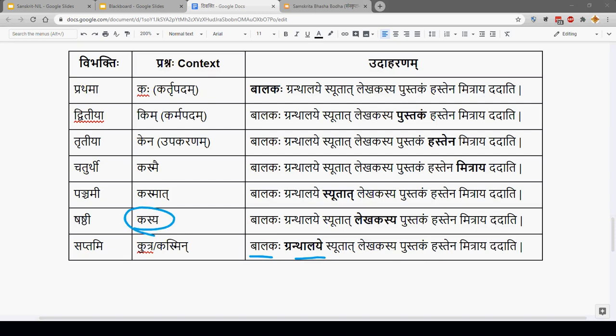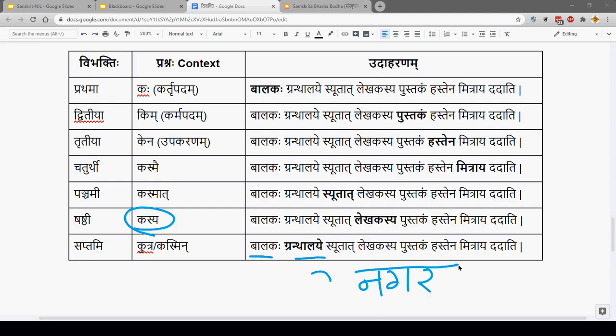Kasya is the question word for whose. So we can ask, granthalaya is the library, whose library? The answer could be the city library, the city's library. For the city we have the word nagara.